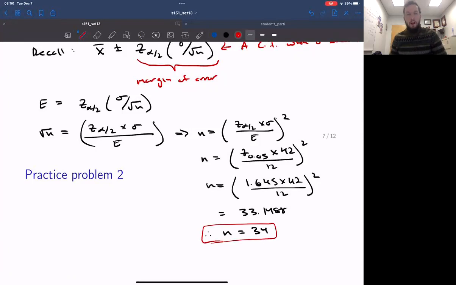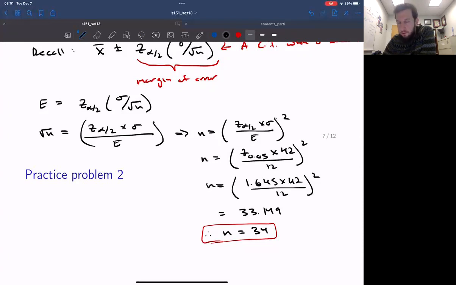Okay, sorry, 1.645 is 3 decimal places. The hint was it's the Z-score with 3 decimal places attached. So then we get n equals 33.149. And whenever we do a sample size calculation, we round up.